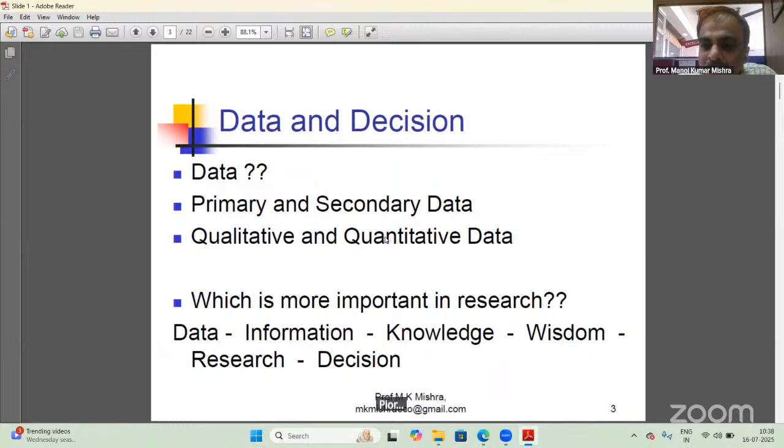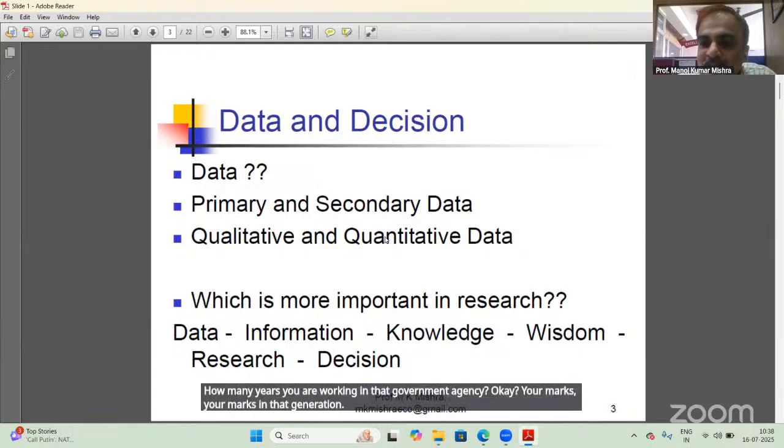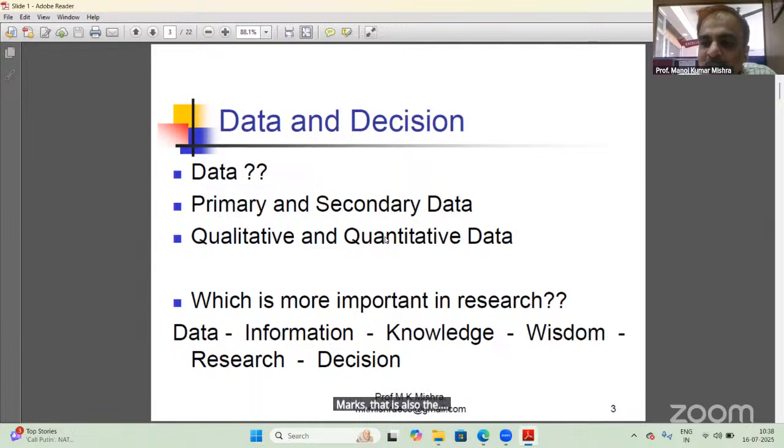You are experienced in the same organization. How many years are you working in that organization? Your marks in the examination, that is also quantitative. These are quantitative.